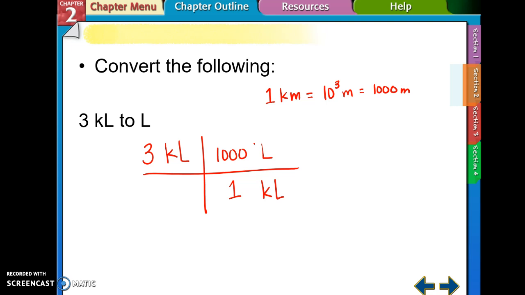I'd rather you only write units and not write numbers than just throw numbers around. So now I can cancel out kiloliters, and I can multiply 3 times 1,000 divided by 1 and get 3,000 liters. And that is how we do one-step conversions.